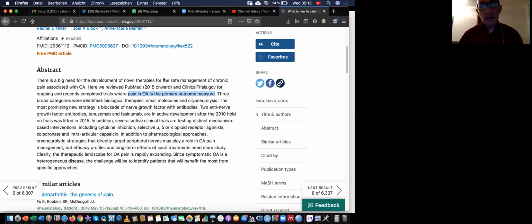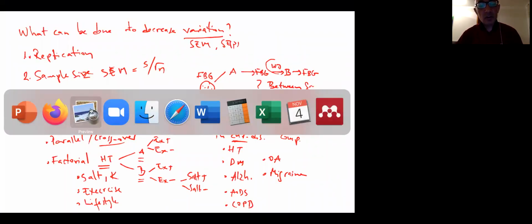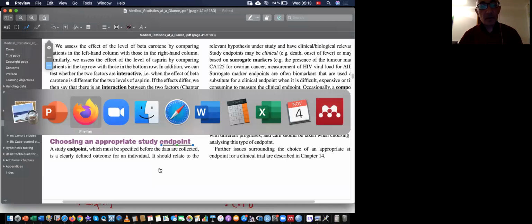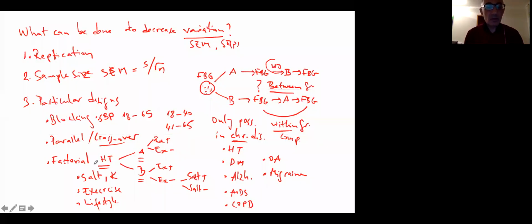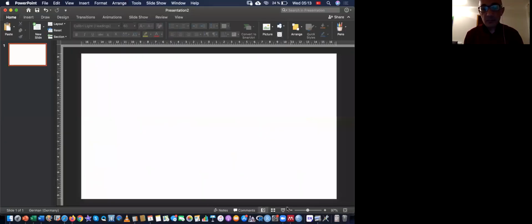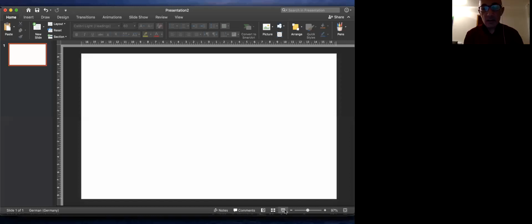As you see in this study, they mentioned something called the primary outcome measure. In our book, it is mentioned as the study endpoint. So endpoint, I should write it down so that you may remember. Okay, let us clear this screen.